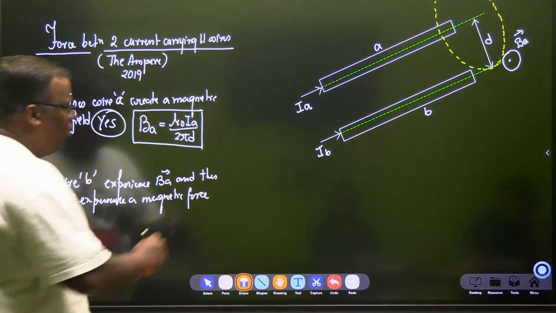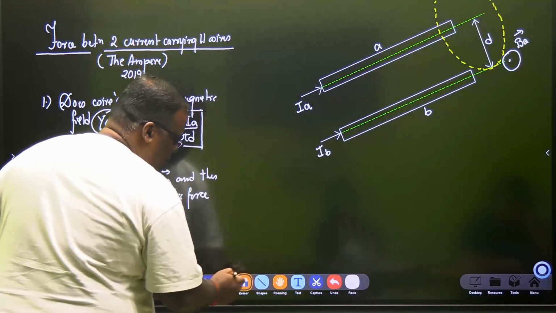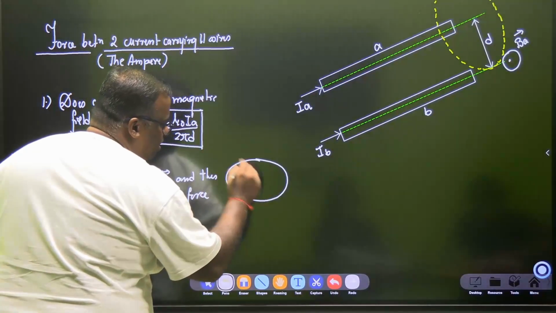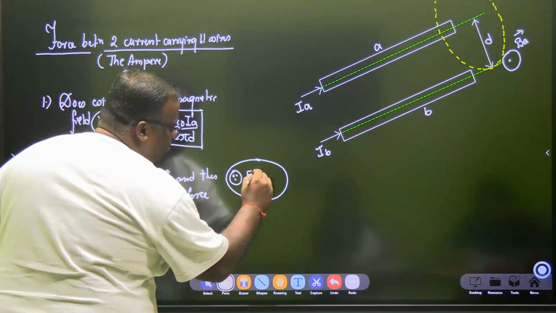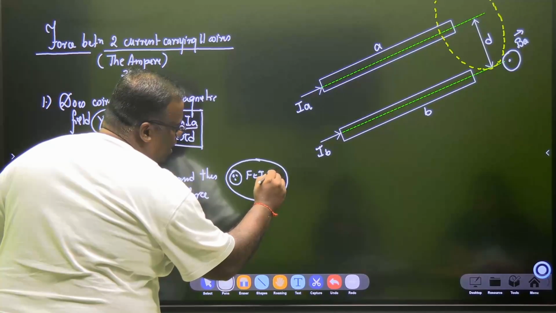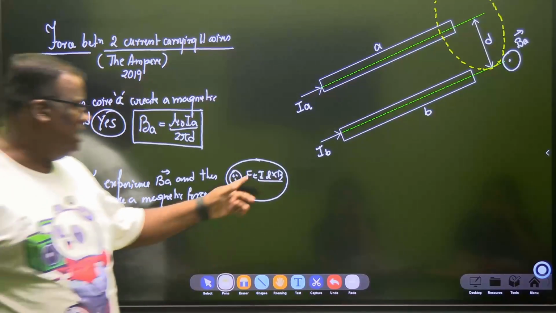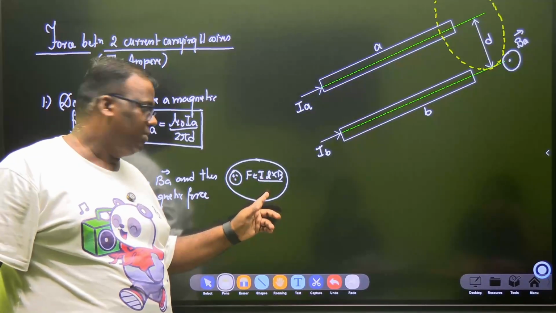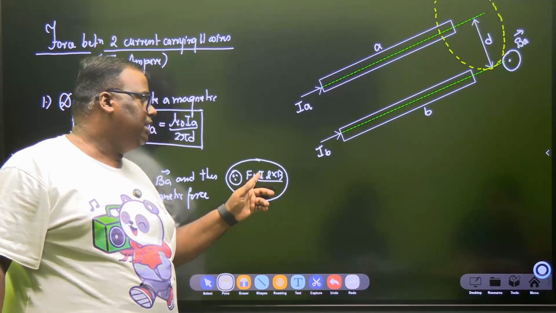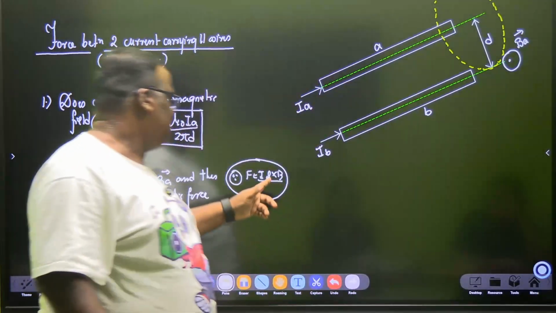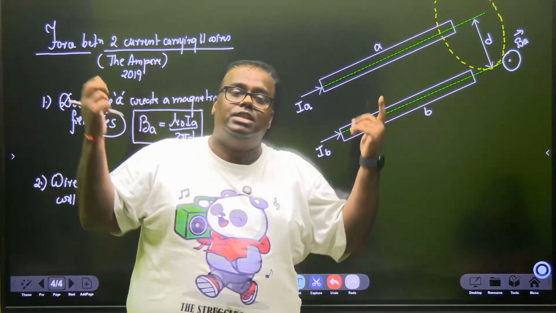Now here, what is the concept we will be bringing? If you try to remember, the magnetic force is equal to I L cross B. You have read this formula, where L is the length of a conductor, I is the current flowing through the conductor, and B is the magnetic field that the conductor is sensing.